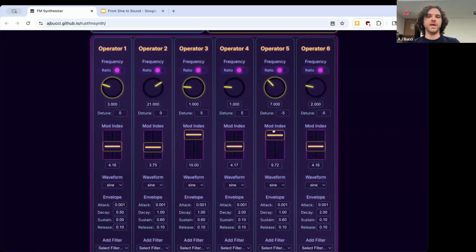So at 10, you're at 10, but you're not really at a 1.0 modulation index until you're at like 3 point something on the crossfader. So that just gives you more of a musical range with the knob.